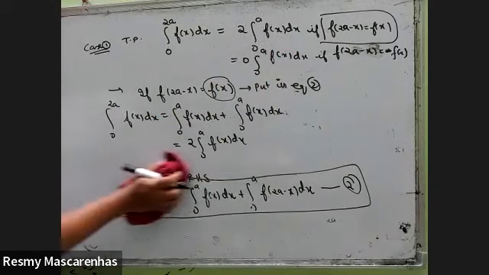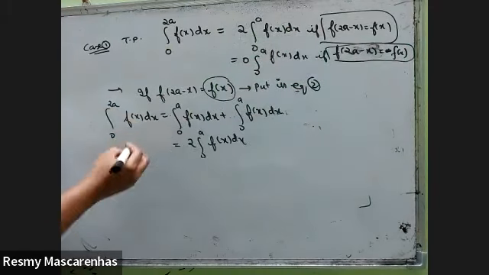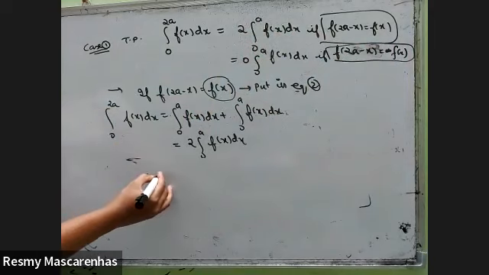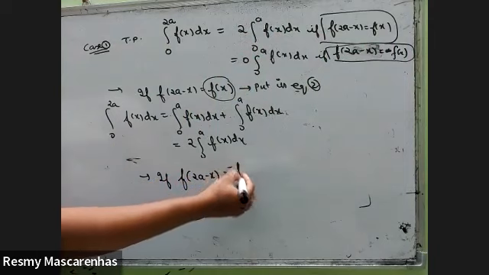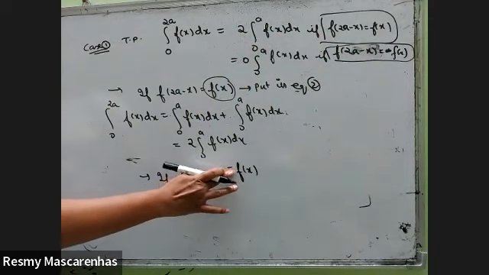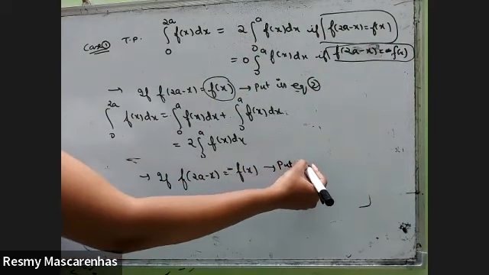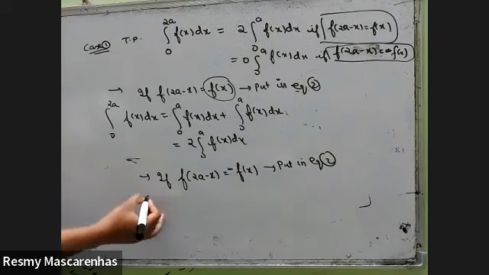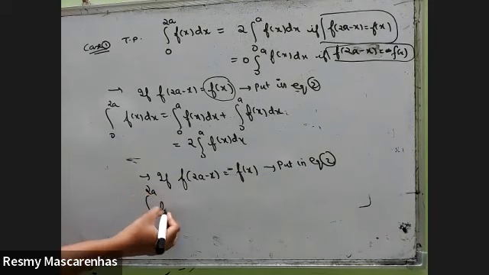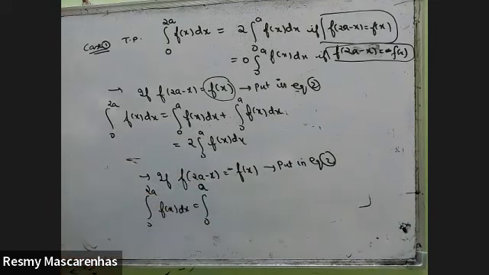Now, the second part, this one. We'll check if f of 2a minus x is equal to minus f of x. Put again this condition in equation 2. So 0 to 2a f of x dx is equal to 0 to a.